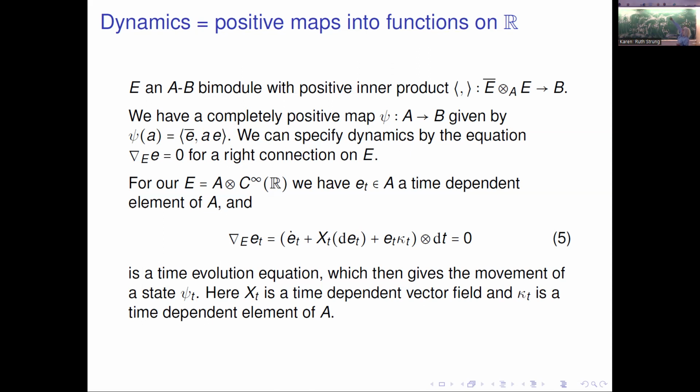And that gives me that differential equation. And that differential equation is a differential equation for the time variation of an element of that bimodule. And that bimodule will then give me a state varying in time on whatever the algebra A was in the first place.